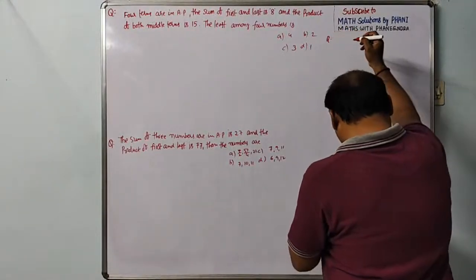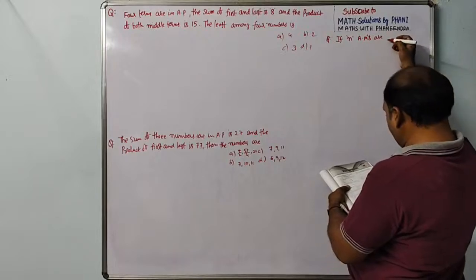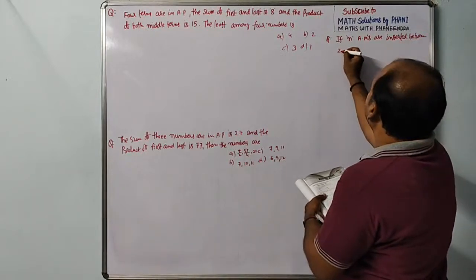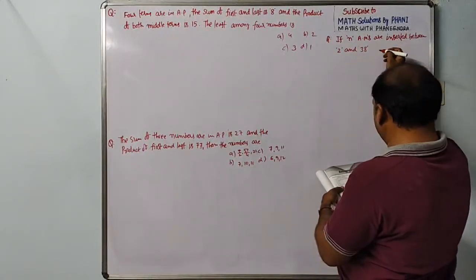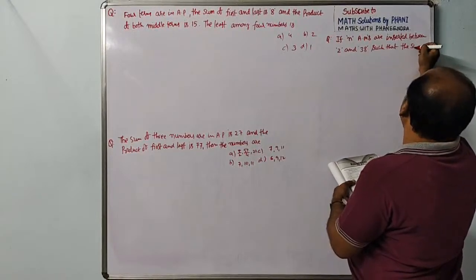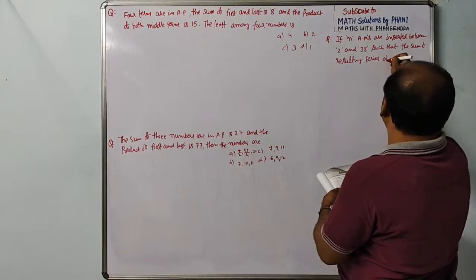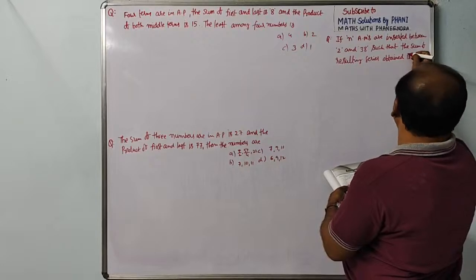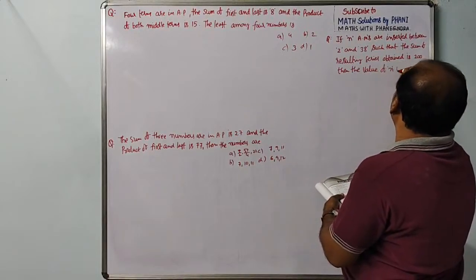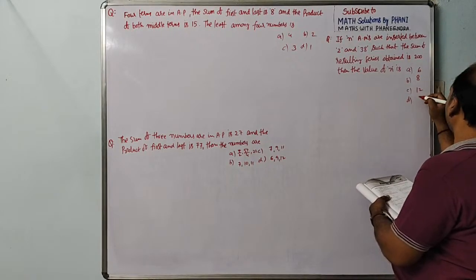The next question here. If n arithmetic means are inserted between 2 and 38, such that the sum of the resulting series obtained is 2200, then the value of n is, so options 6, 8, 12 and 10.